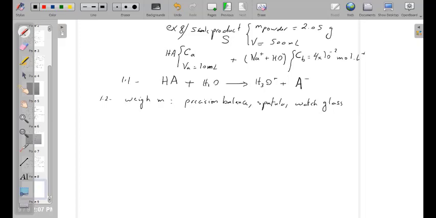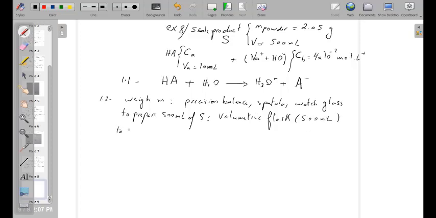Second, to prepare solution S, to prepare 500 milliliters of S, we need a volumetric flask of capacity 500 milliliters.